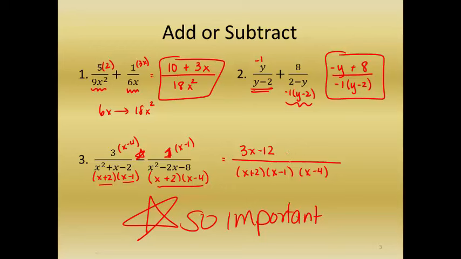And if you forget them, this will be incorrect. So I'm going to distribute and get a negative x plus 1. And I can combine like terms to have a 2x minus 11 over the three quantities of x plus 2, x minus 1, and x minus 4. This cannot be reduced anymore, and that is the final result.